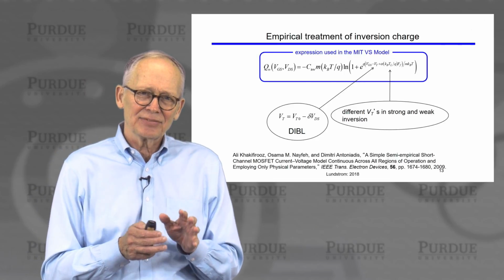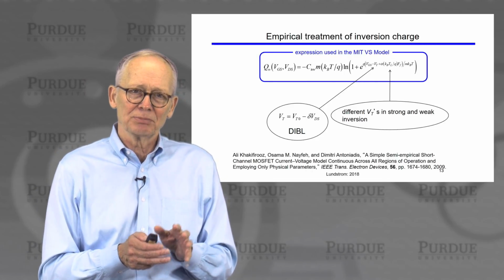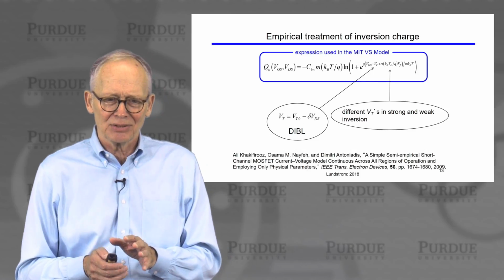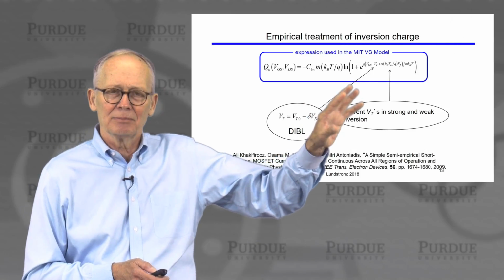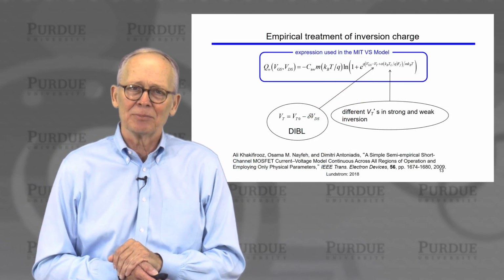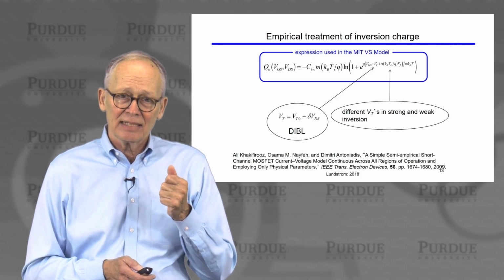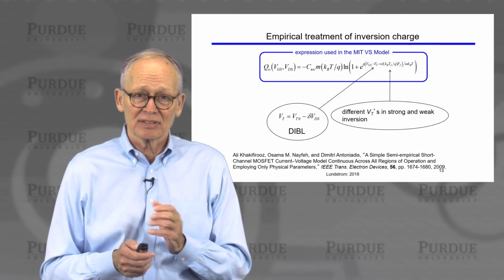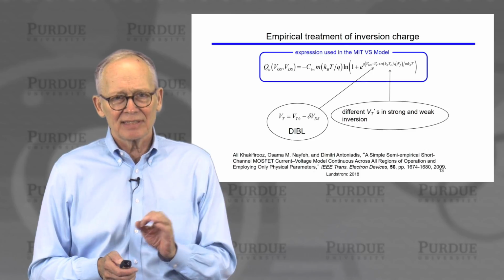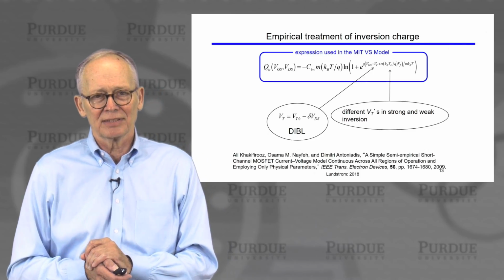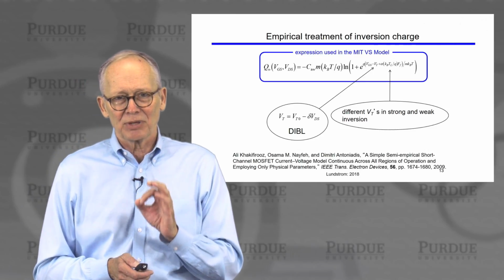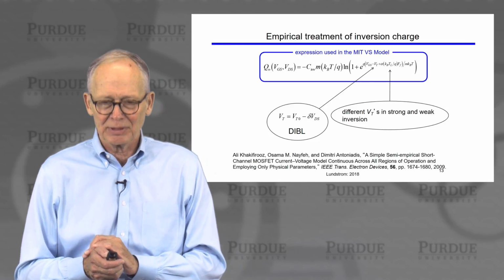So there's actually a different threshold voltage that should be used below threshold and above threshold. And that's accounted for by introducing some additional empirical factors and an additional factor alpha, which is another empirical factor, which doesn't vary much from transistor to transistor, but just helps us fit the proper numerical solution a little bit better.